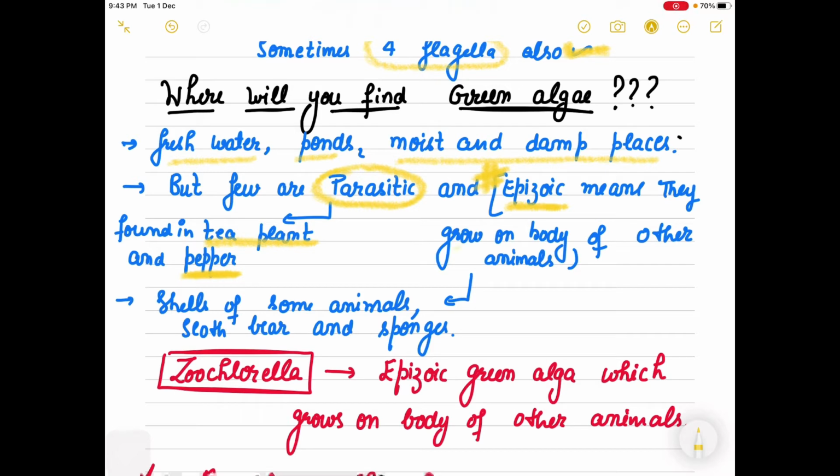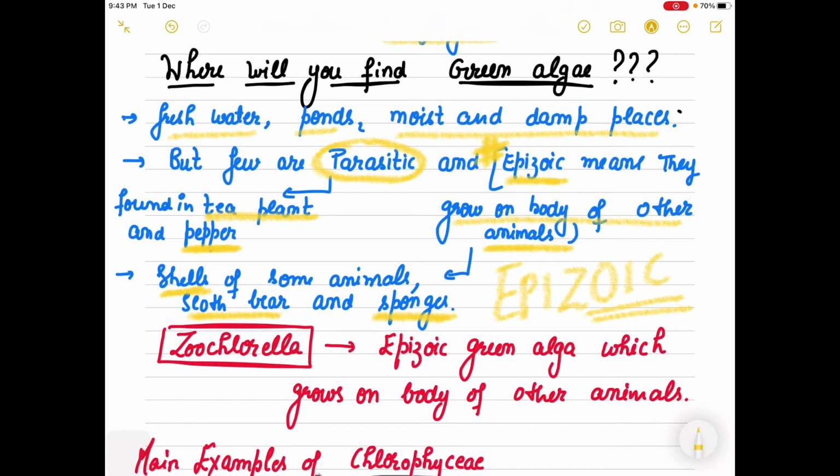Epizoic means they grow on the body of other animals, like shells of some animals, or they grow on sloth bear and the sponges. So this kind of feature is known as epizoic. When the algae grows on the body of other animals, that is called epizoic feature.